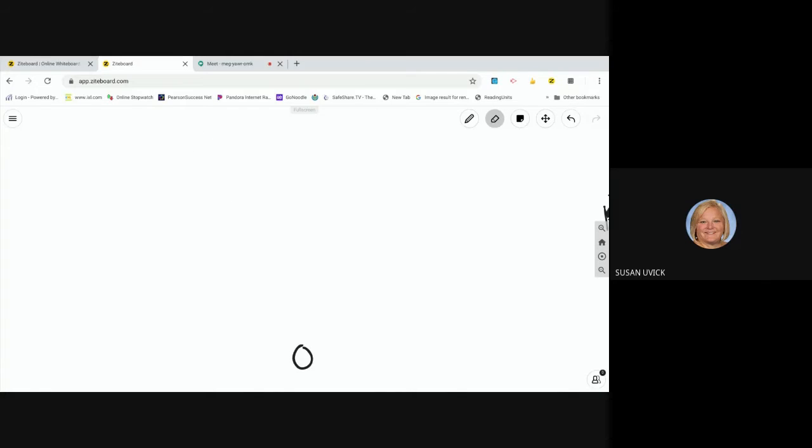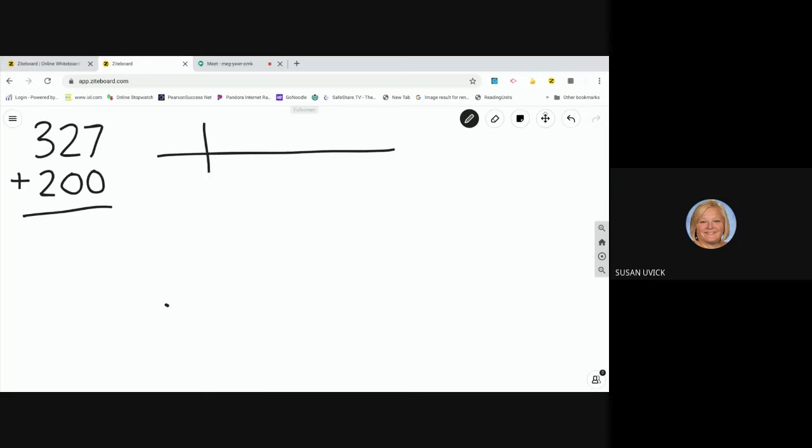Okay, so now let's look at adding some numbers. I want to add the numbers 327 plus 200. There's several ways we can do that. One of the ways we can do that is using our hundreds, tens, and ones. If I think about 327, I'm going to have 7 ones.